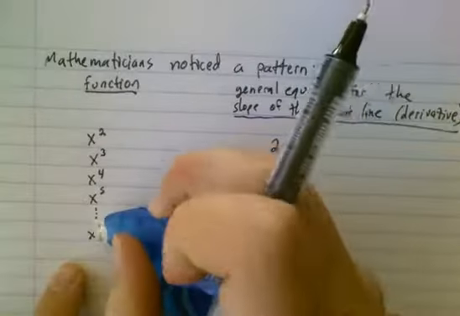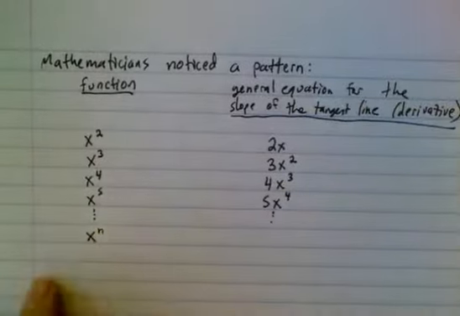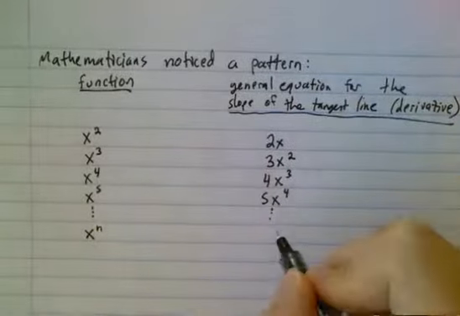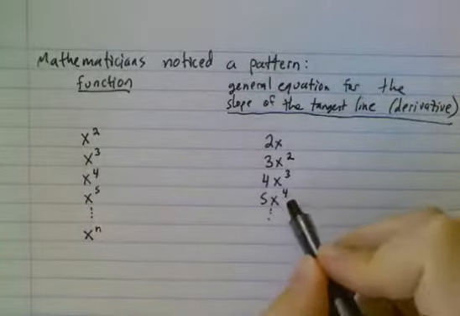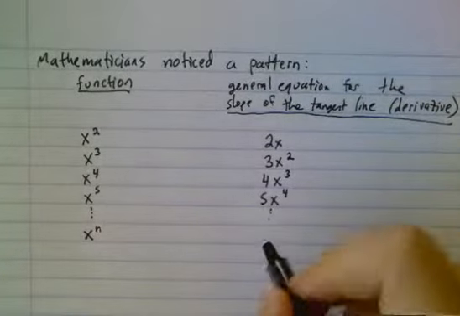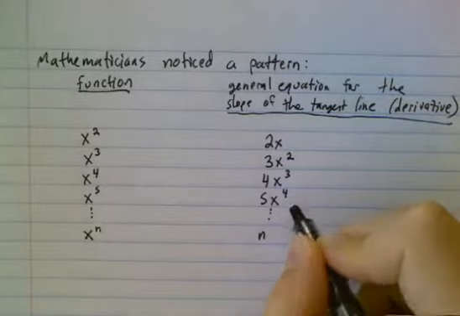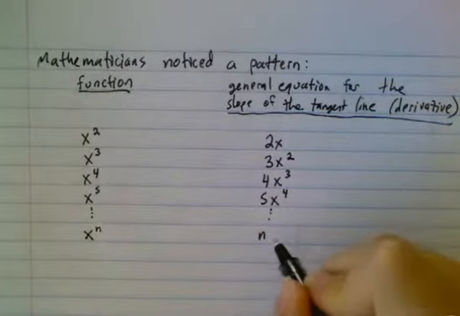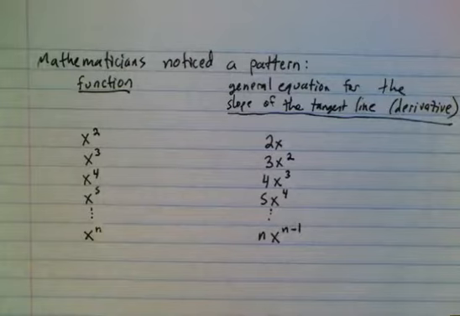If there was a function that was just x to the nth power, then all that seemed to be happening was that this exponent became a coefficient. It was brought down in front there. And that 1 was subtracted from the exponent. And these patterns led to the derivative rules that are the focus of this unit.